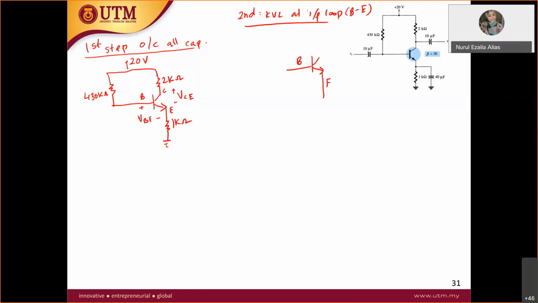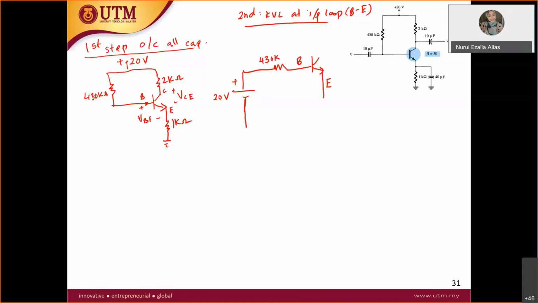Okay, let's start from the base. From the base here, you have resistor 430K. Write down 430K. And then 430K is connected to the plus 20 volt. So where does the negative go? Of course, it will go to the ground.